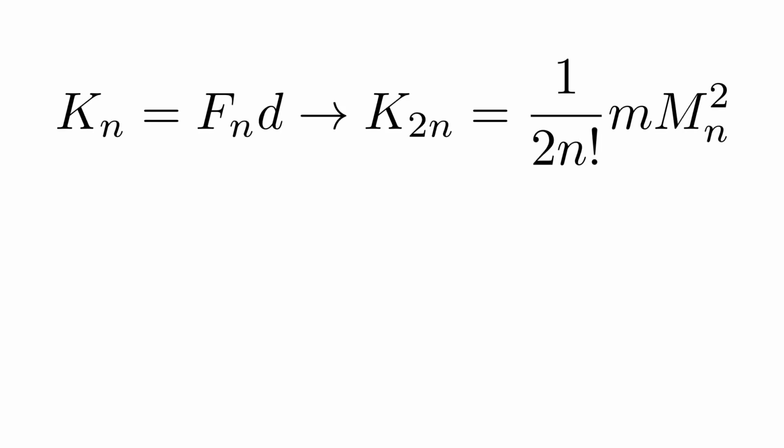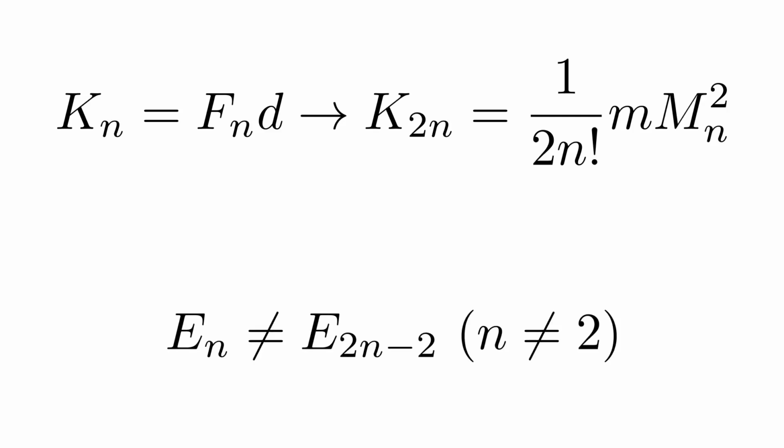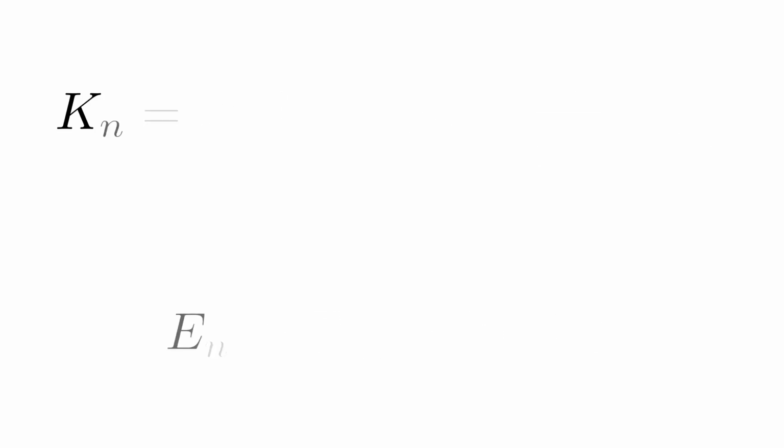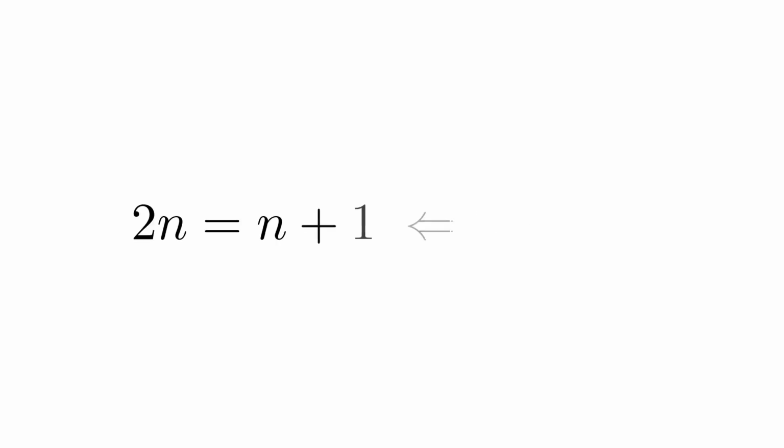One thing to note is that even though the formula for kinetic energy comes from energy of order n equals force of order n times distance, the order of the work of the force is different to the kinetic energy, except for forces of order 2, since 2 is the solution to the equation 2n equals n plus 1.